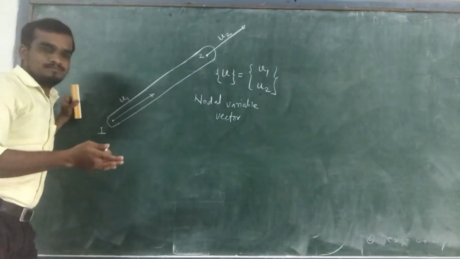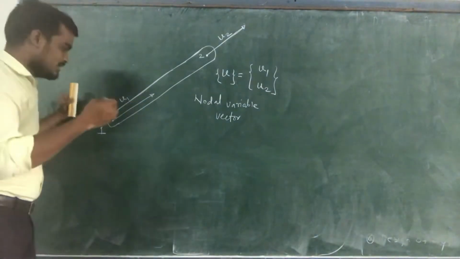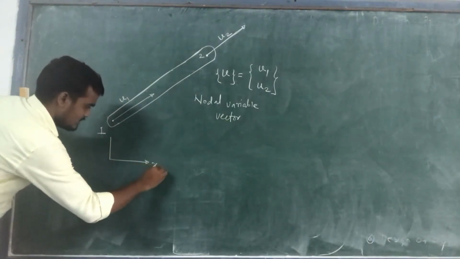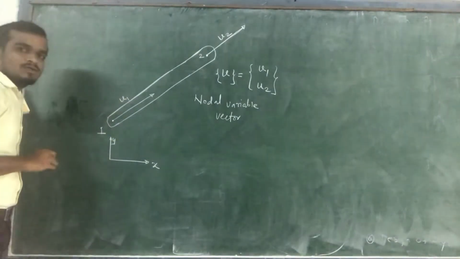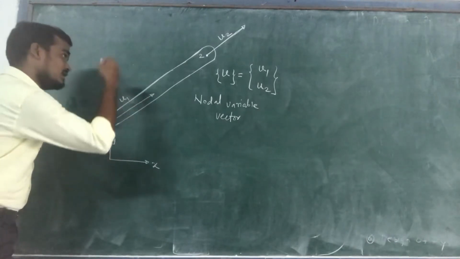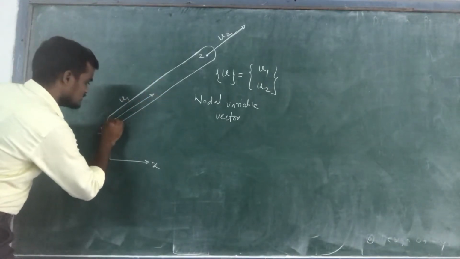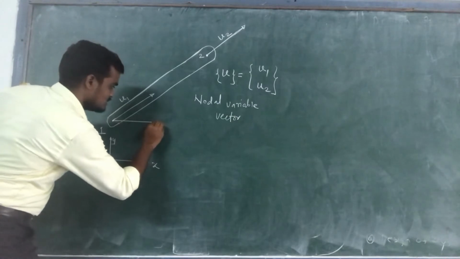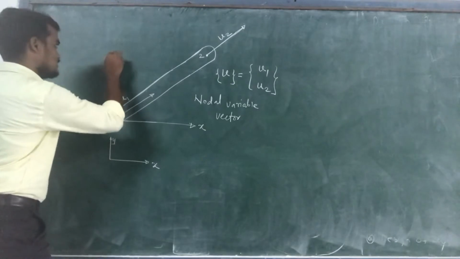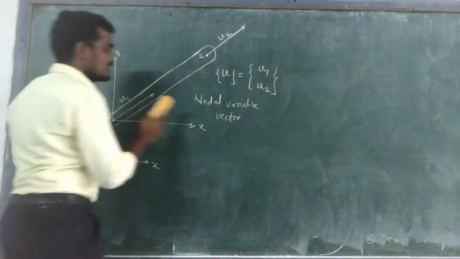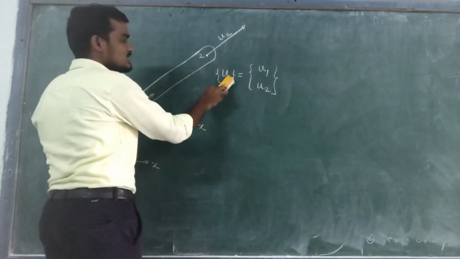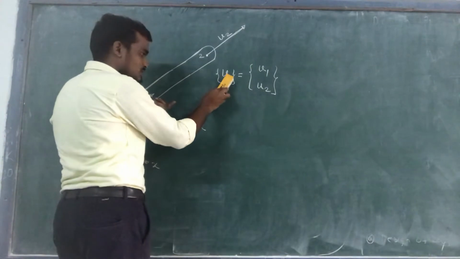Now we need to assume one global coordinate system. Let us say X and Y is the global coordinate system. We need to apply our global coordinate system at each node. So suppose this is your X, this is your Y. These are the nodal coordinates or local coordinates.